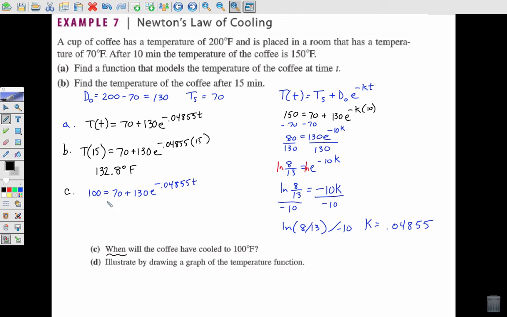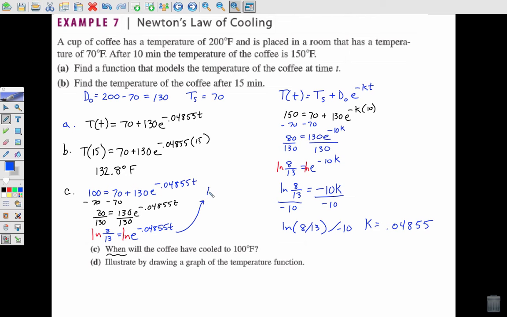To solve for t, move the 70, and then divide by 130. I'll just leave this as a fraction, 3 over 13 equals e to the negative 0.04855t. Natural log of both sides.